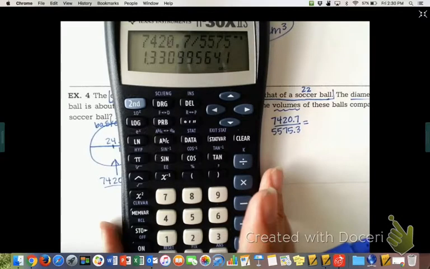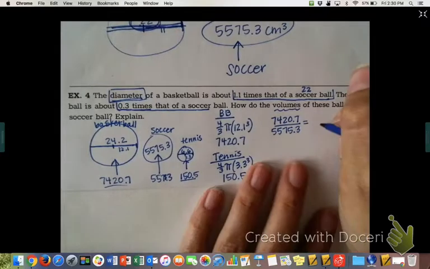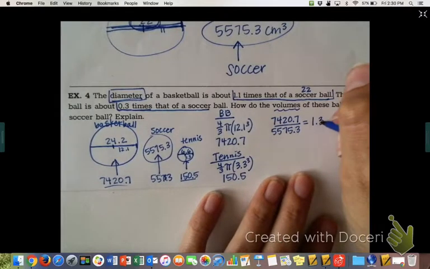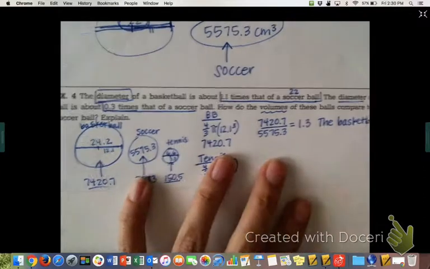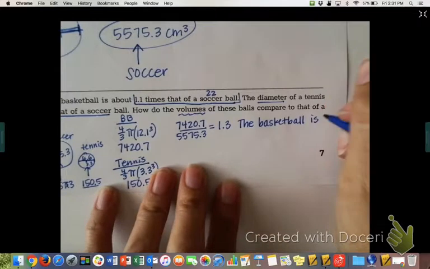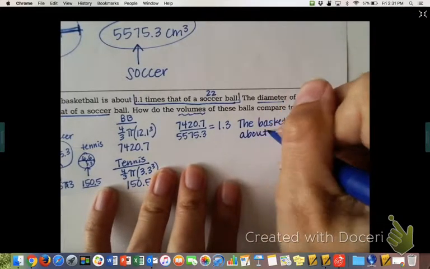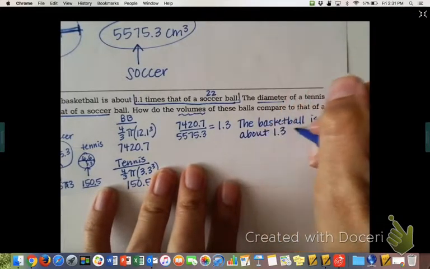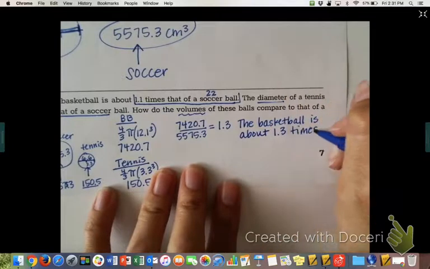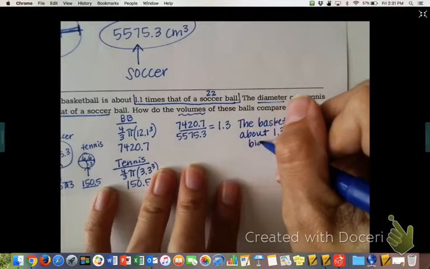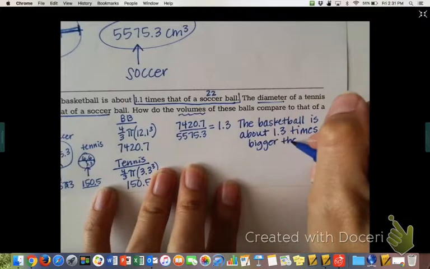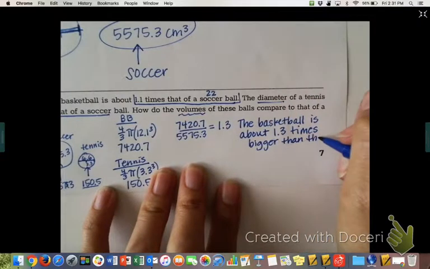So I'm rounding it, but I'm going to say that's about 1.3. So the basketball is about 1.3 times bigger than the soccer ball.